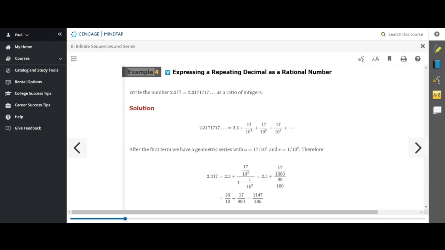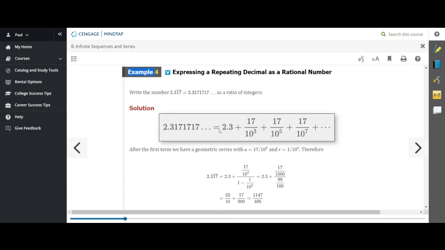Well, you can use convergent geometric series to help you. You can write that repeating decimal as 2.3 plus 17 over 10 cubed, plus 17 over 10 to the fifth, plus 17 over 10 to the seventh, and so forth.